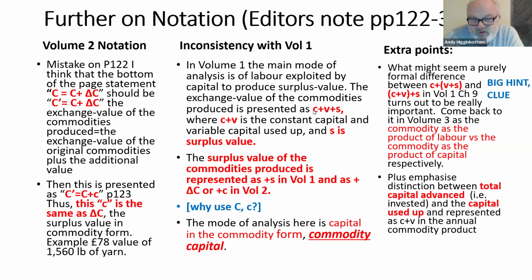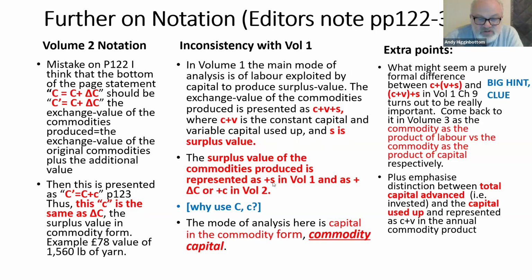You'll recall in volume 1, the commodity product he denotes by constant capital plus variable capital plus surplus value, where C plus V is what has been used up and S is the surplus value. Okay, so in effect, S in volume 1 is the same as this small c in volume 2.